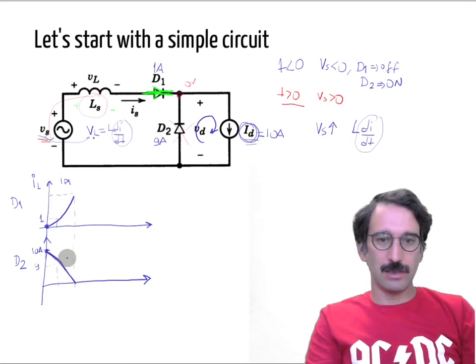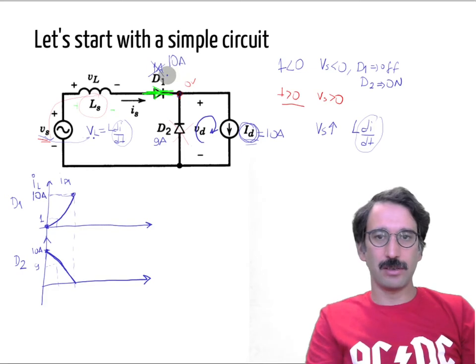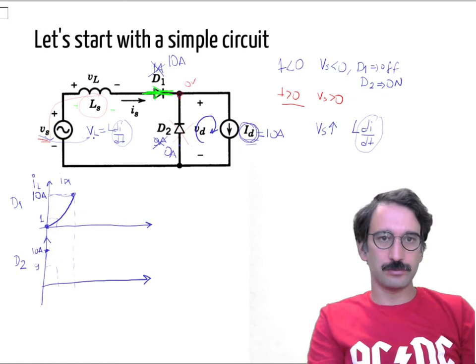And what will happen at that instant? After some time, D1 will reach 10 amps, and the D2 current will reach 0 amps.